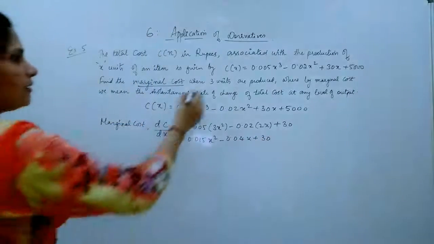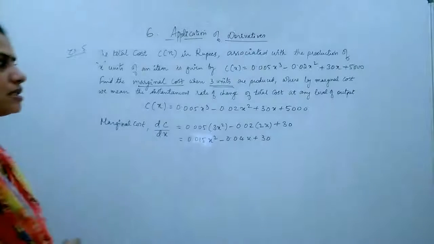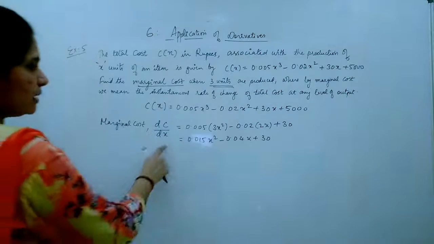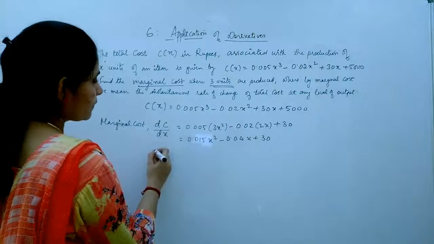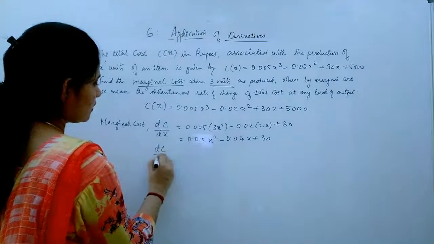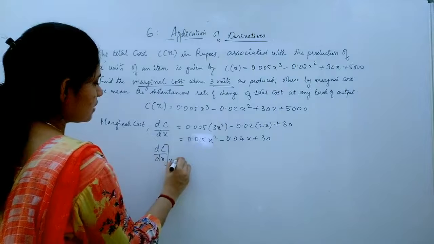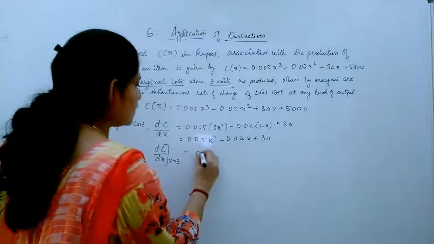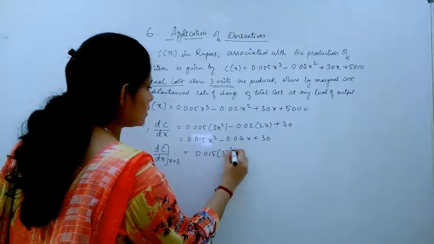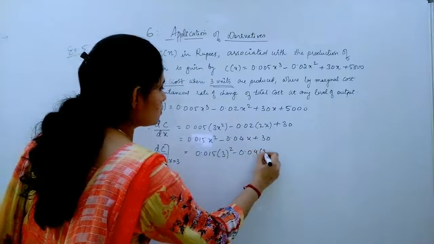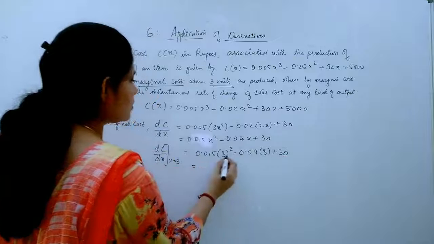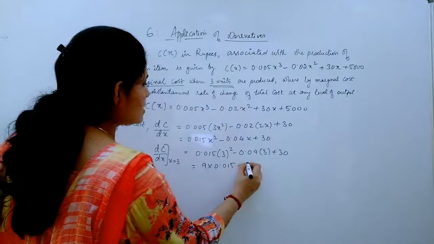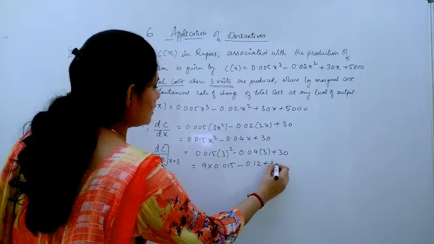And again they are saying that when x is 3, when you have 3 units to be produced, what will be the marginal cost? So you have to just substitute x as 3 in the marginal cost, that is 0.015 into 3 square minus 0.04 into 3 plus 30, which is equal to 9 into 0.015 minus 0.12 plus 30.